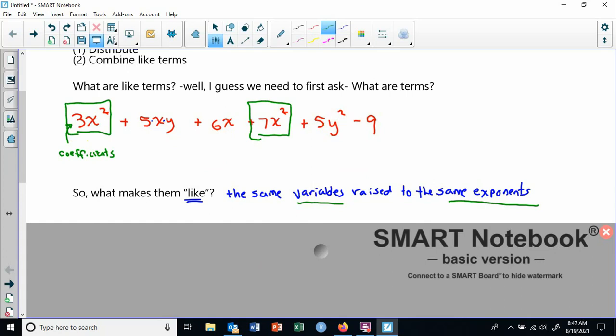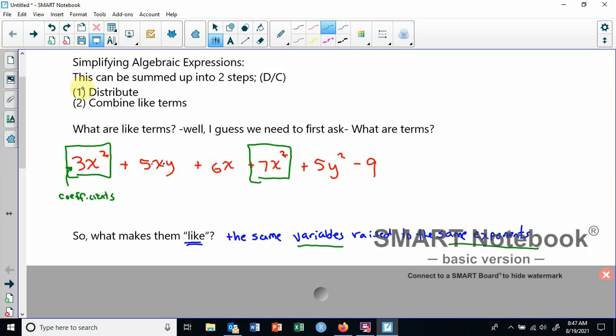So let me scroll back up to my directions. Distribute. There's nothing to distribute here. I see no parentheses. And combine like terms. My like terms are 3x squared plus 7x squared. So I can use the commutative and associative properties to move these two together, all because they're like, while keeping the whole rest of the expression.